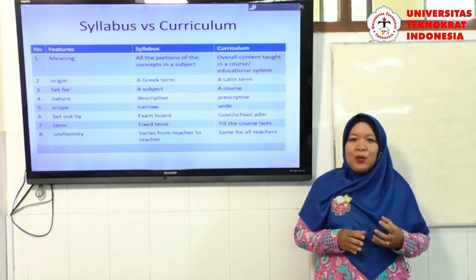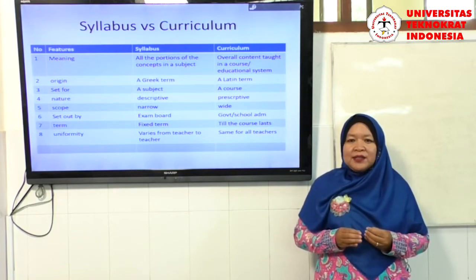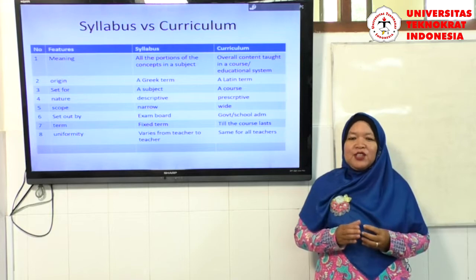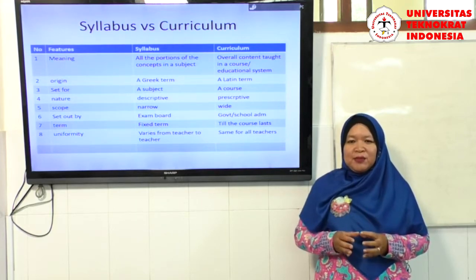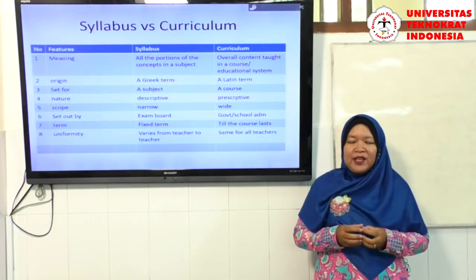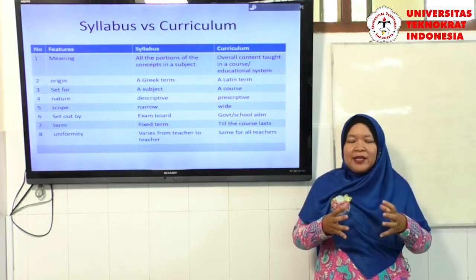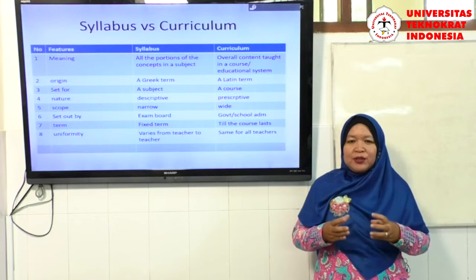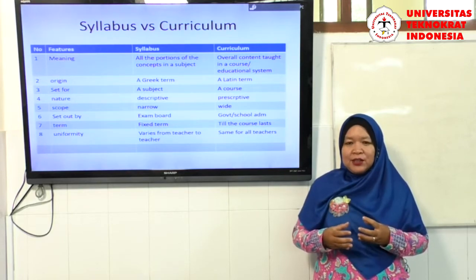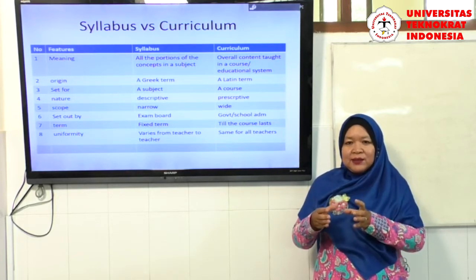While the curriculum is the overall content taught in a course or educational system. For example, in the English Education Study Program, all the subjects that must be taken by the students in order to graduate as an English teacher are regulated.